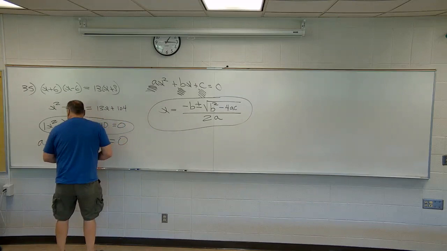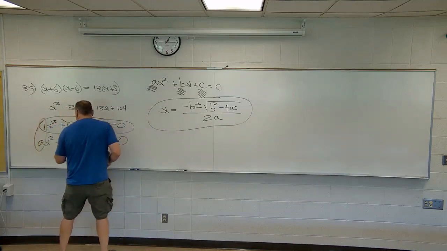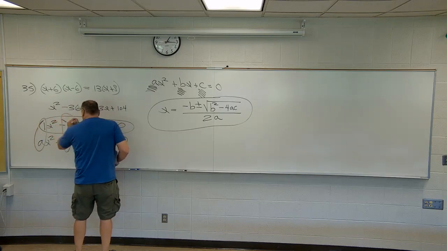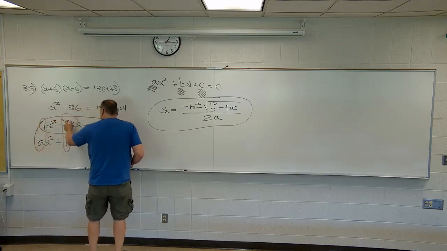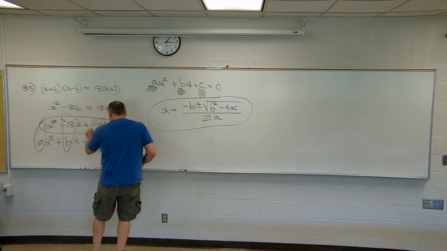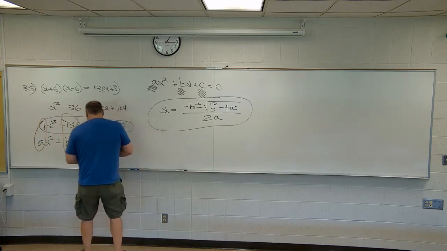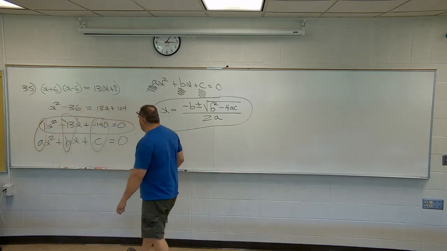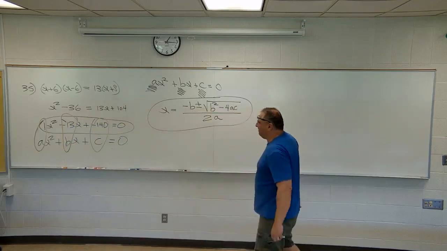We have the 1 and the a, the negative 13 and the b, and the negative 140 and the c.